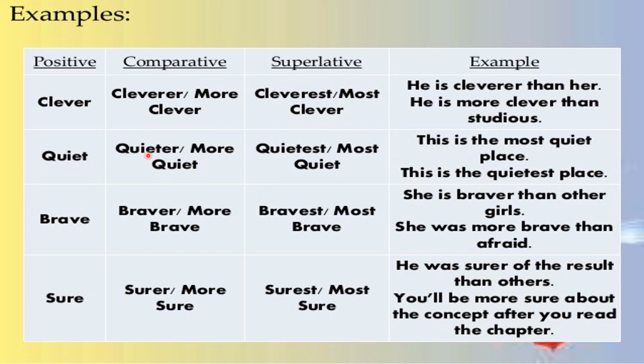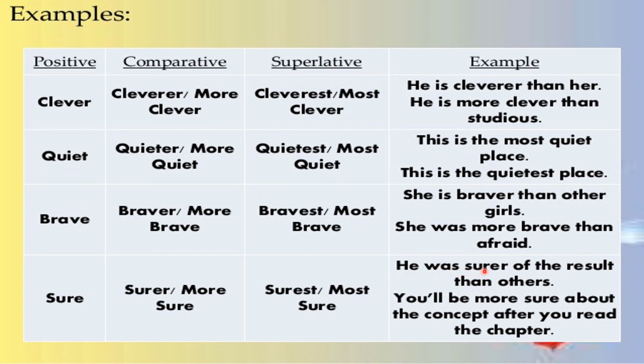Again quiet का quieter, quietest. And we can use more quiet and most quiet. Brave, braver and bravest is right. And more brave and most brave is also a right answer. Sure, surer and surest. More sure and most sure is also right. देखिए example.